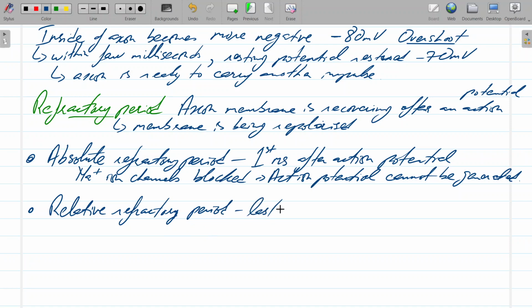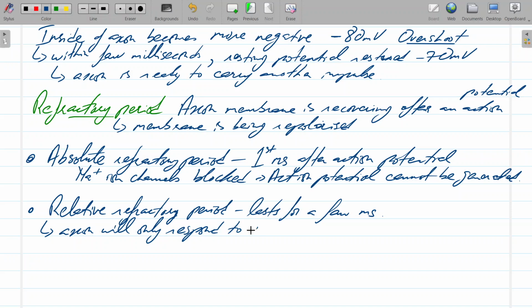And then there is the relative refractory period. And this lasts for a few milliseconds. During this time, the axon will only respond to a much stronger stimulus. Why?